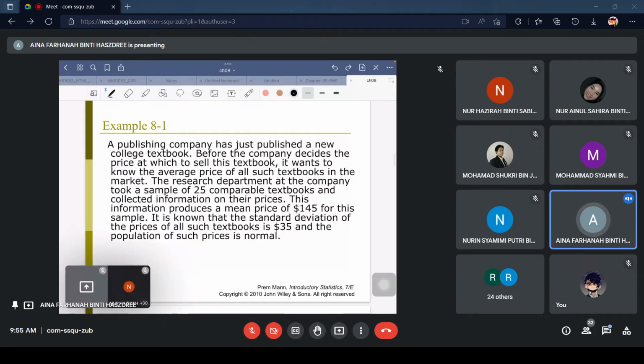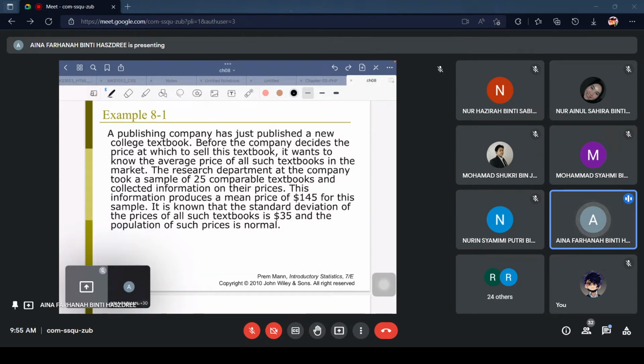Okay, we look at example 8.1. A publishing company has just published a new college textbook. Before the company decides the price at which to sell this textbook, it wants to know the average price of all such textbooks in the market.